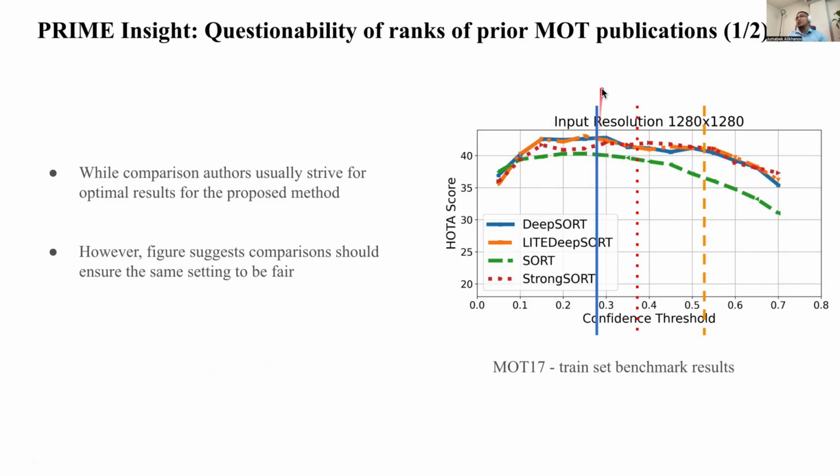Because here, if I cut at a confidence threshold a little below 0.3, maybe this blue DeepSORT is the best tracker. If I cut here, maybe StrongSORT is the best tracker. If I cut here, maybe LITE DeepSORT is the best tracker, right? The people in the field already know this is the case. That's why we have to use Prime and care for the whole picture. And these small variations in ranking don't mean much because, as you can see, they can fluctuate when we change the confidence threshold.